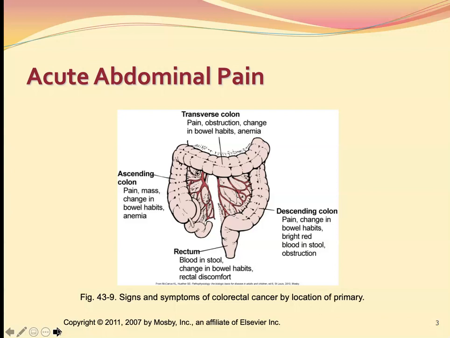In the transverse colon, a patient presents with pain, obstruction, change in bowel habits, and also anemia. And then in the ascending colon, in the rectum, and descending colon, as you can see, the most common thing is pain, change in bowel habits, and anemia.